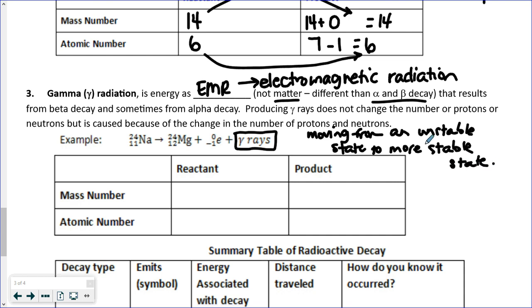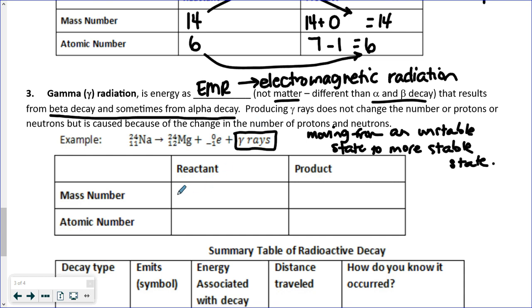And so looking at this one, this is beta decay, right? So the loss of a beta particle, or the release of a beta particle as an electron, but it is also accompanied with gamma radiation. So these will go hand in hand, having beta or alpha decay with it, but it'll just have the production of energy as well.